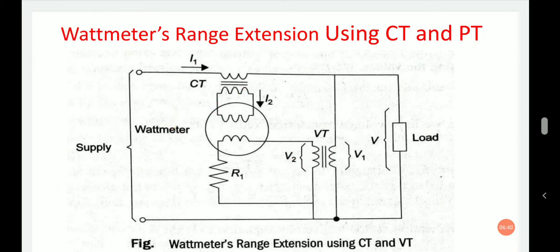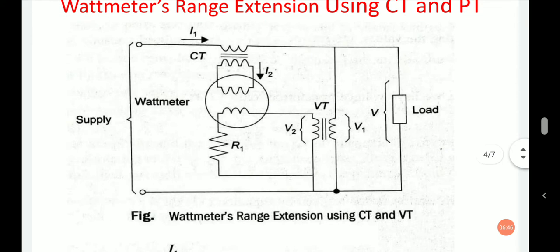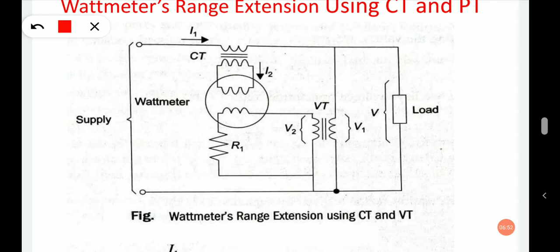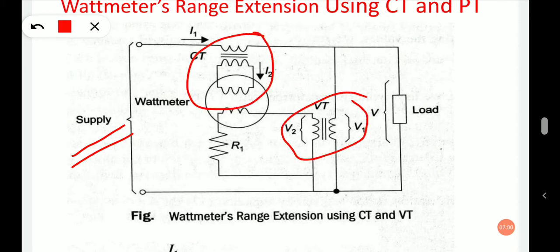The wattmeter circuit with these instrument transformers is shown in the figure. Here, the supply is given on this side. CT is connected in series, on the right side PT is connected, and on the right side the load is connected.